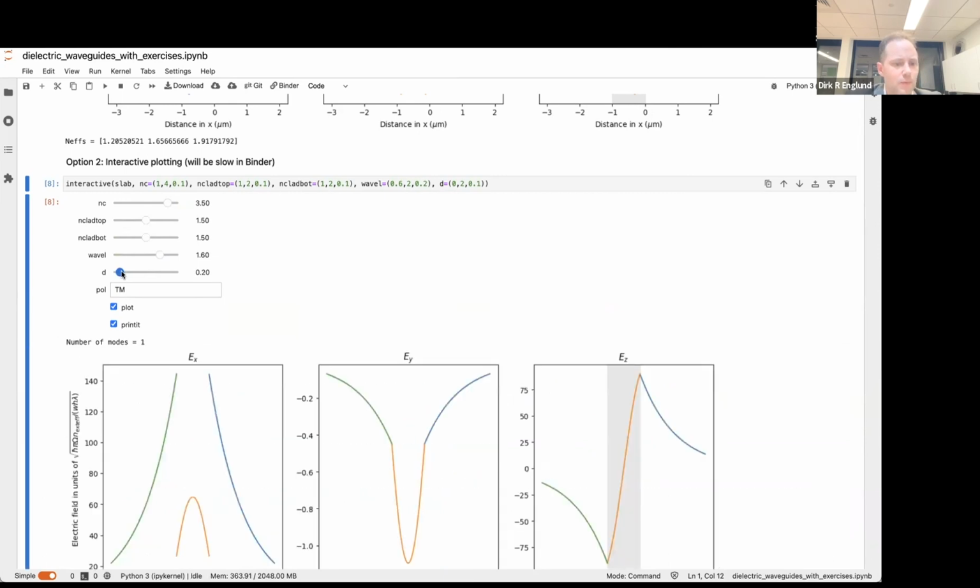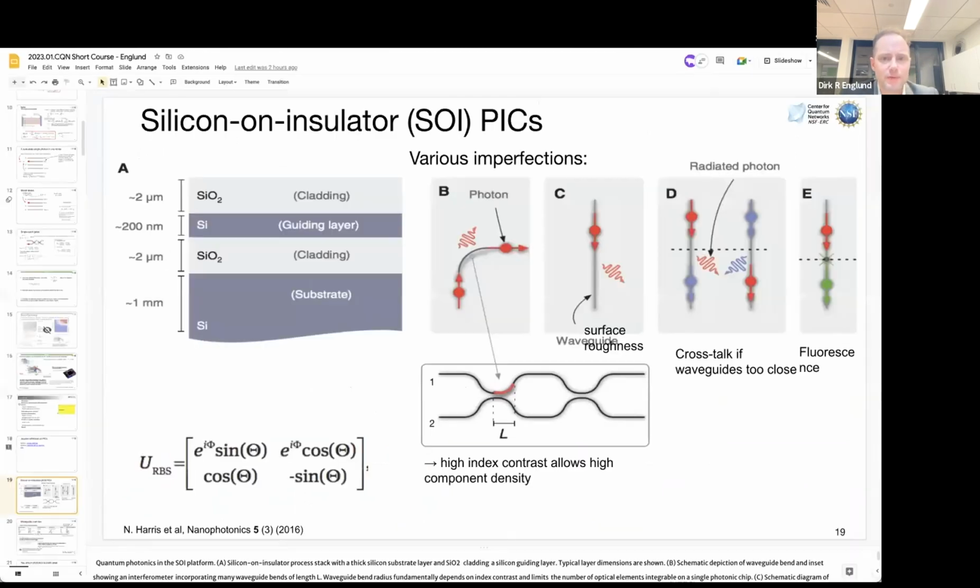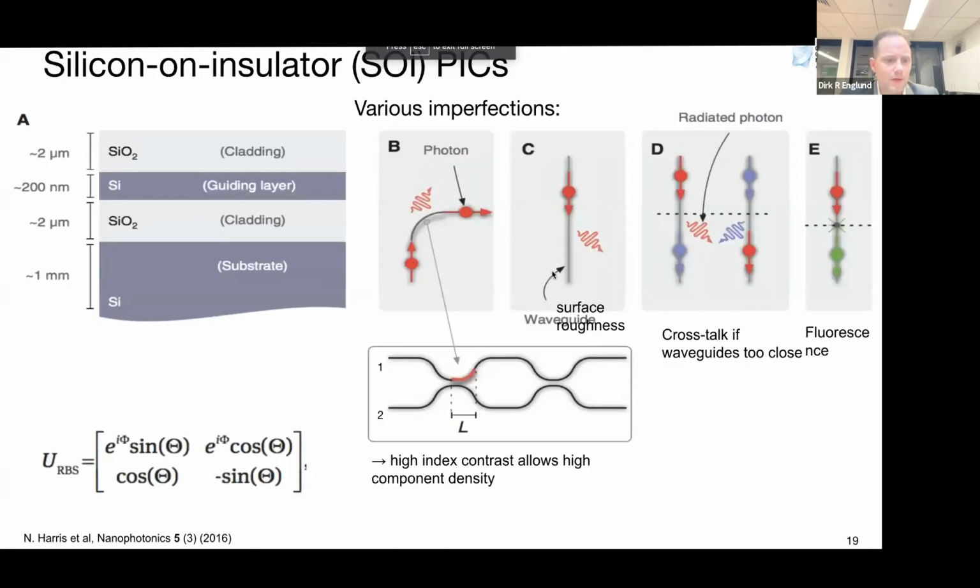Yeah, so at about 200 nanometers to 300 nanometers, we have a single mode waveguide. Okay, all right. So let's go back to here. Okay, all right, so that's our waveguide.